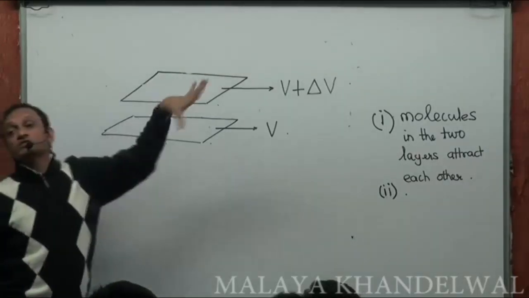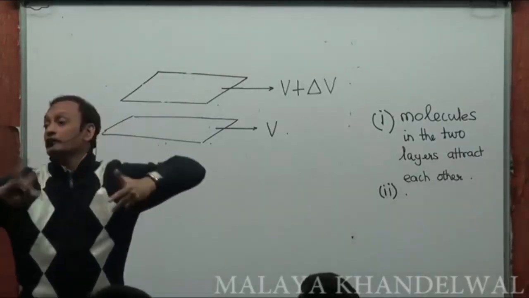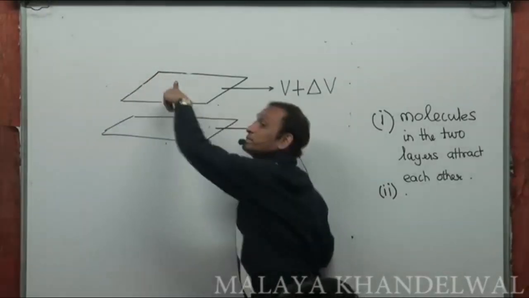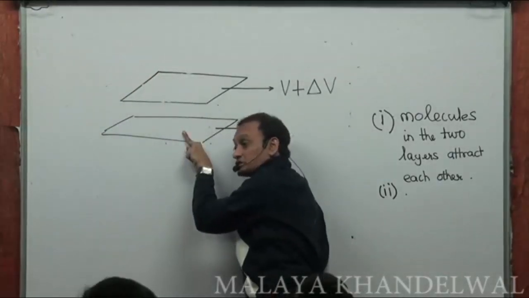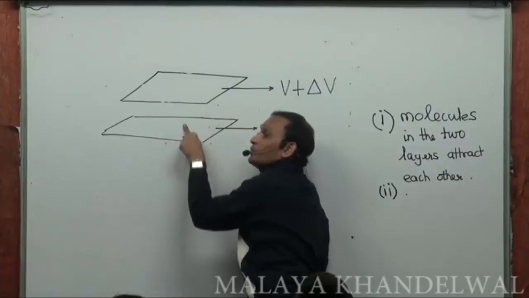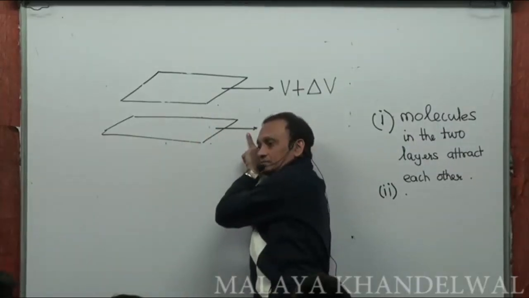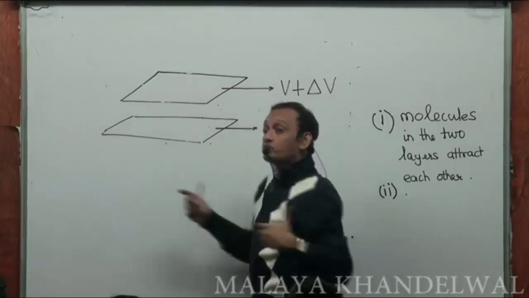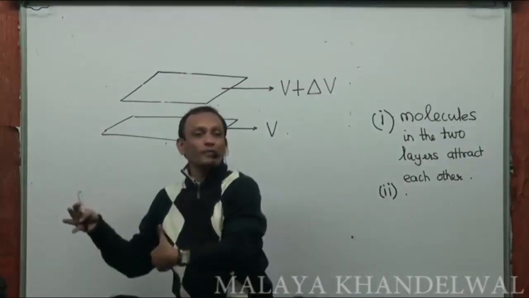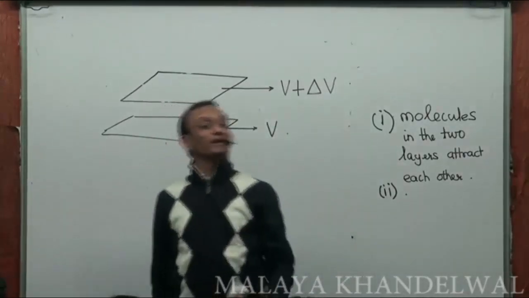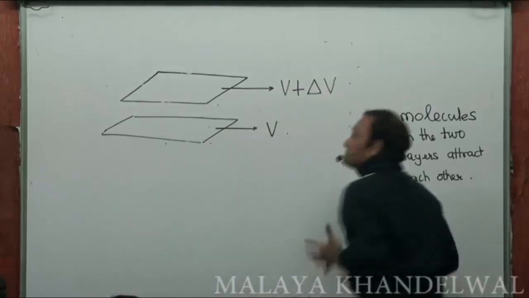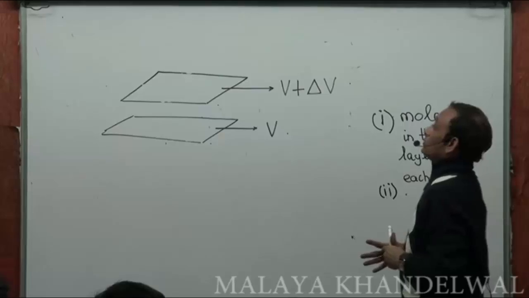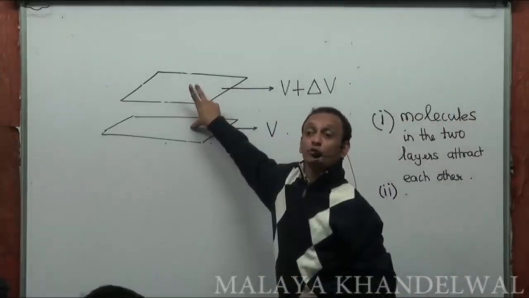These molecules then exchange momentum. The momentum of this gets mitigated, it's partially given to this, and as a consequence, the momentum of this increases. The momentum of this decreases, the momentum of this increases. So there is an exchange of momenta. Consequent to the exchange of momenta, once again, the effect is depletion of relative motion.